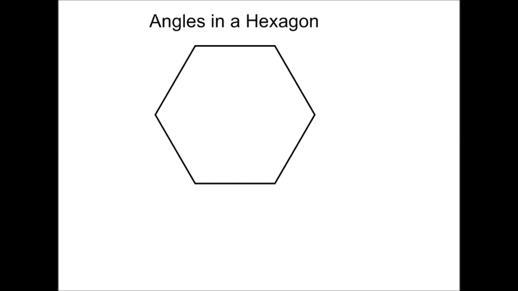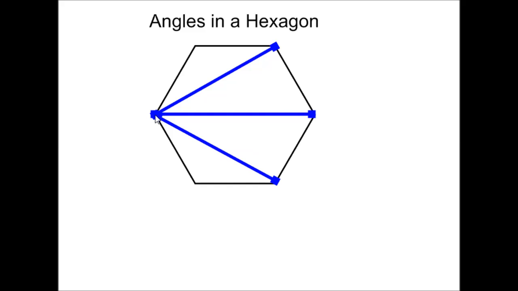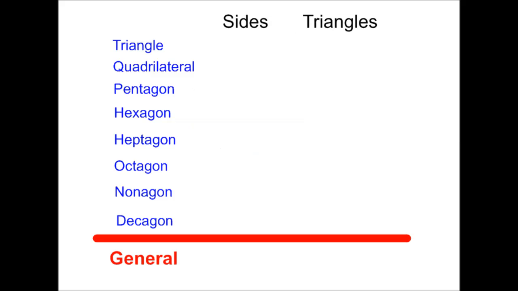If we split this one up into triangles, we'd end up with 4. Now you should see a pattern forming there, because a triangle has 3 sides, and obviously there's one triangle contained within a triangle. A quadrilateral had 4 sides, and we split that into 2 triangles.